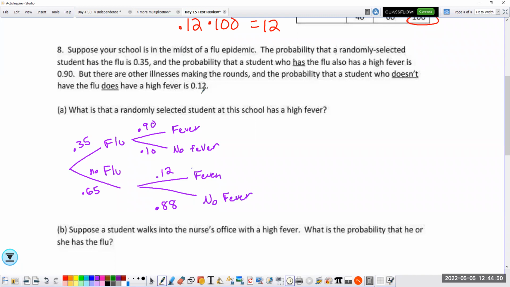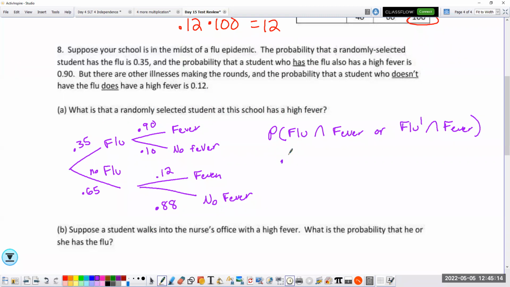Okay. Now that I have this organized, I can find the probability that a student at this school has a high fever by saying it's the probability of having the flu and a fever, or no flu and fever.